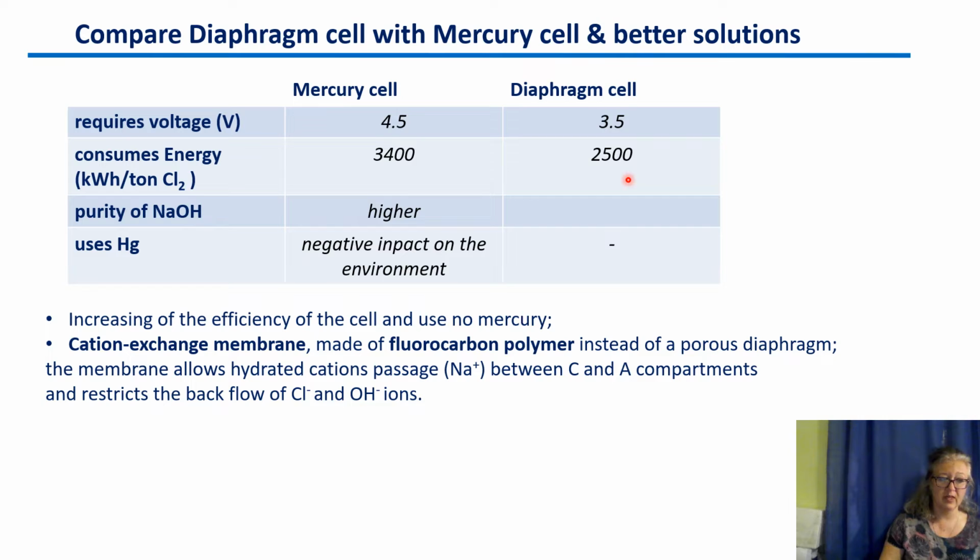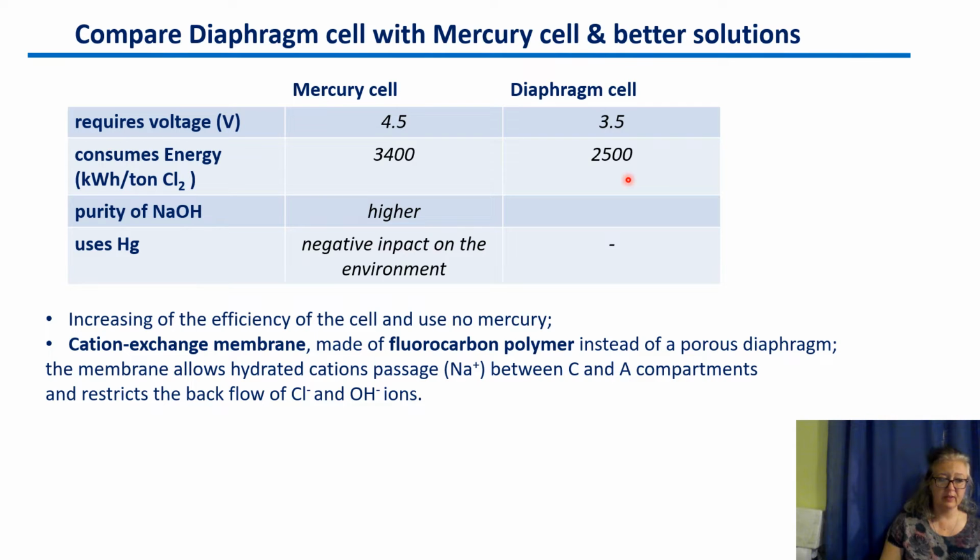The serious disadvantage of the mercury cell is mercury, which has a very negative impact on the environment. The better solution is simultaneous increasing of the efficiency of the cell and use of no mercury. A porous diaphragm was replaced by a cation exchange membrane made of fluorocarbon polymer.